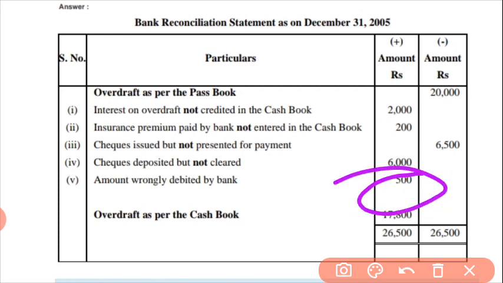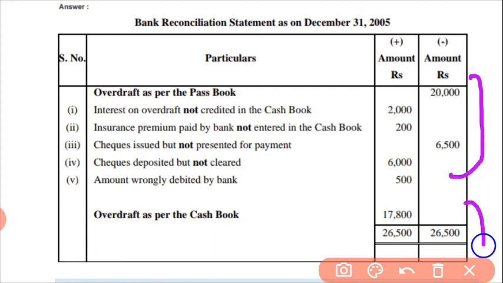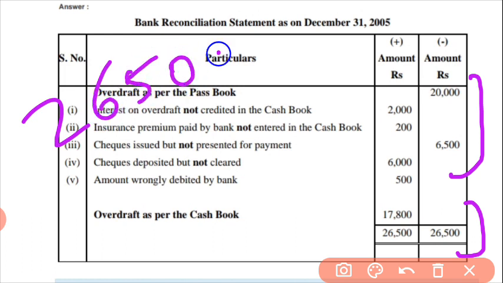Now sum up both the sides. The sum of the credit side will be greater. The sum of the credit side is 26500, and the sum of the debit side, meaning the plus items, is 8700.